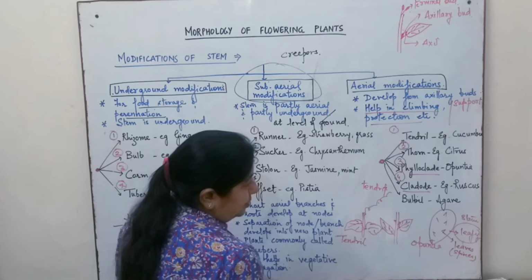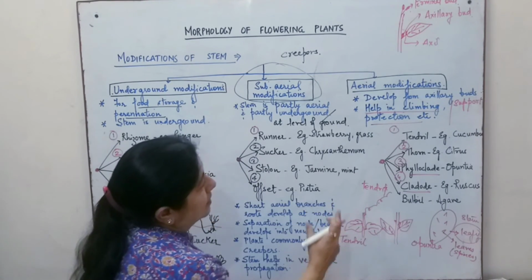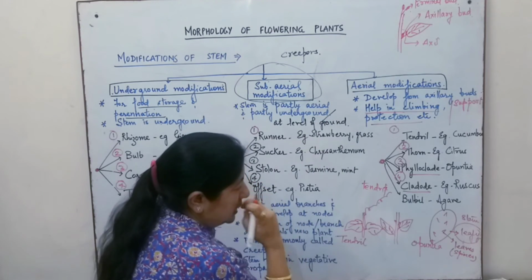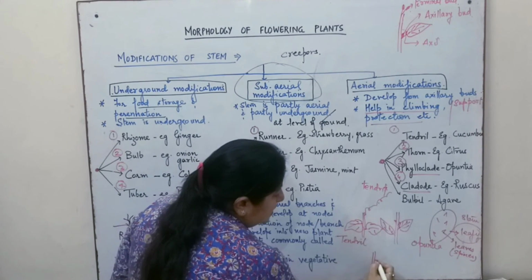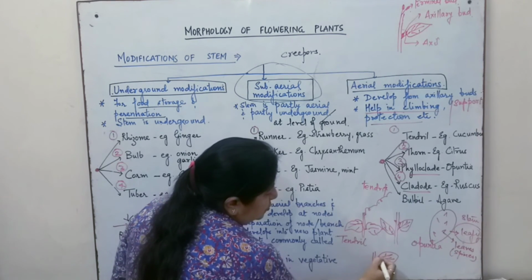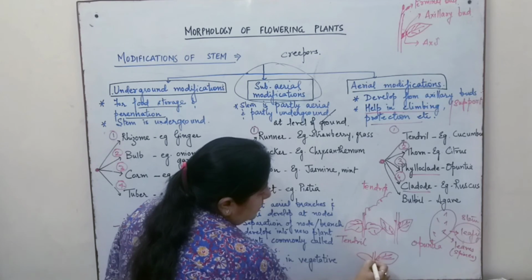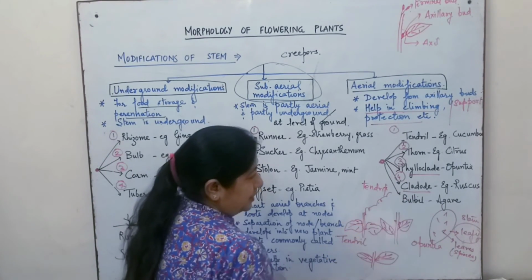Coming to the cladode. The cladode also is an example of aerial modification where the stem is modified into leaf-like structures. Ruscus and asparagus are examples of the cladode type.